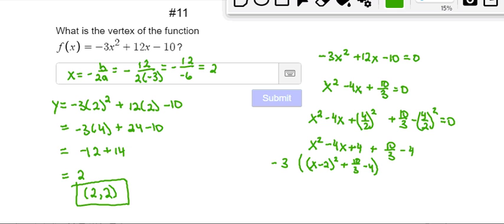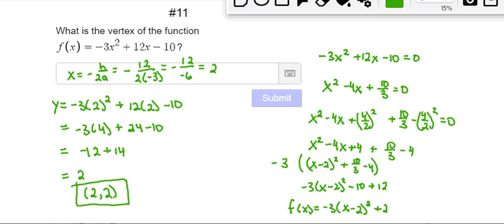So this will give us negative 3 times x minus 2 squared minus 10 plus 12. I know I dropped my equals 0. So really what that comes out to is, we're in f of x, so f of x equals negative 3 times x minus 2 squared plus 2.